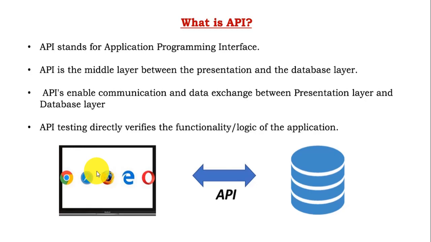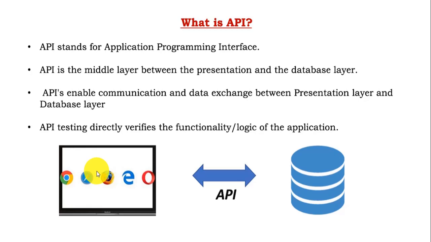You type something and then hit enter. Now it has to go to the database and fetch the result. For that there should be some communication in between, whatever the process that happens. That is called the API. That process will actually be taken care of by the API.